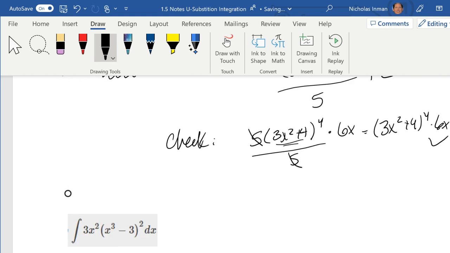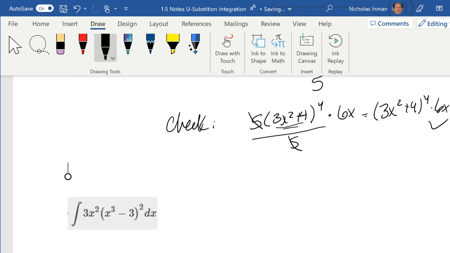All right, taking a look at this next example. I see something on the outside, something on the inside of a larger idea. Again, we could just square this thing, multiply it all out, do a bunch of power rules. Or we can try this u-substitution. Usually the most inside piece is what we are going to have as our u.